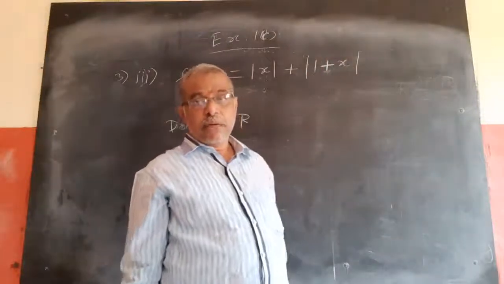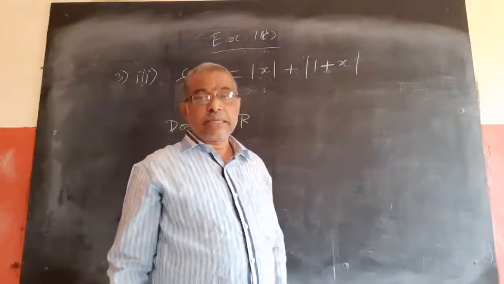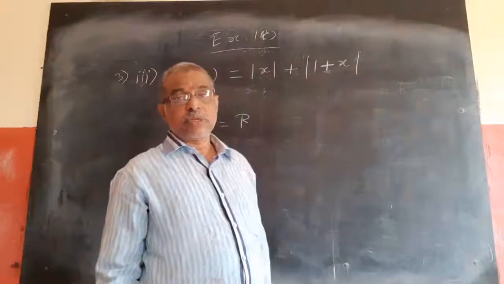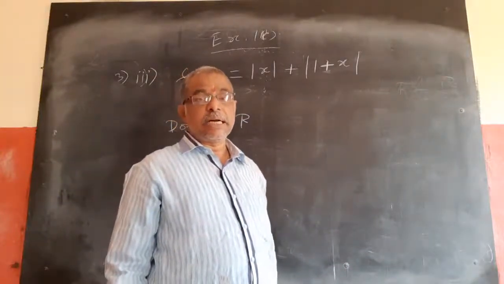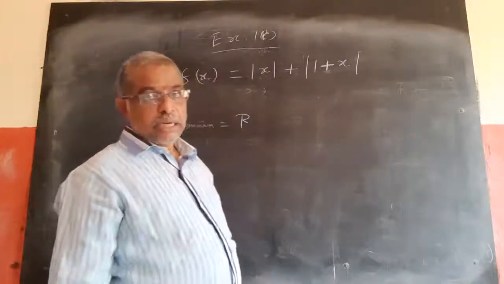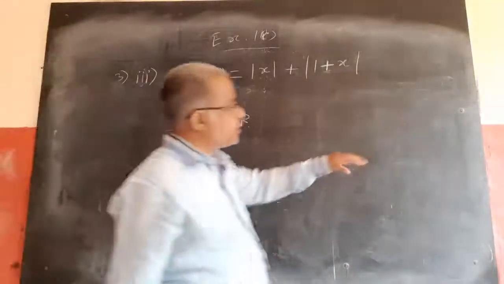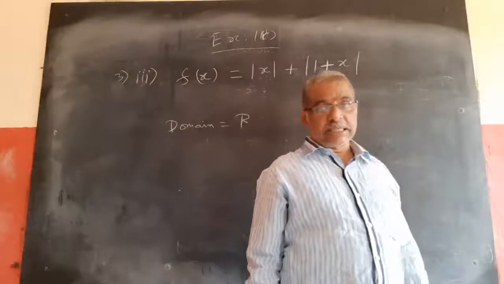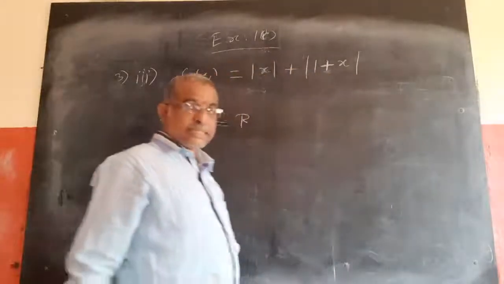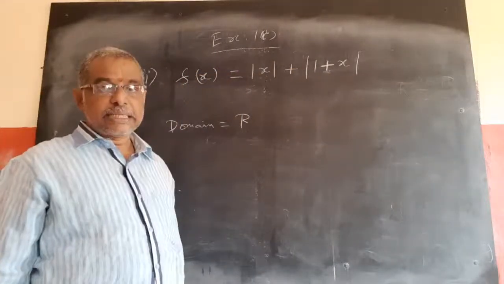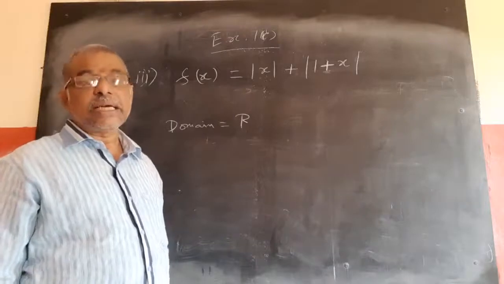So the minimum value is 1, and it is always above the x-axis.